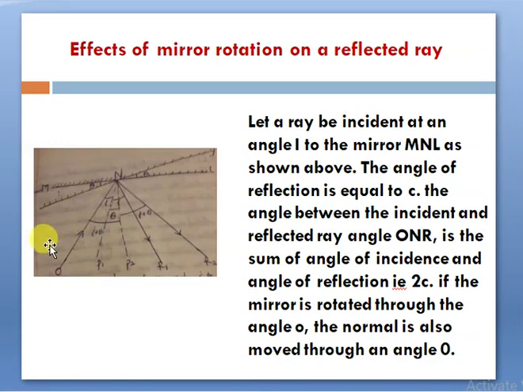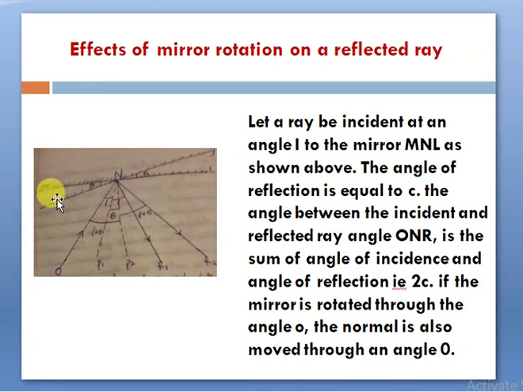Now remember the second law of reflection: angle of incidence is equal to angle of reflection. Look at angle of incidence from here to the normal, which is I. Then from the normal to the reflected ray is another I. So from here to here, I plus I will give us 2I.